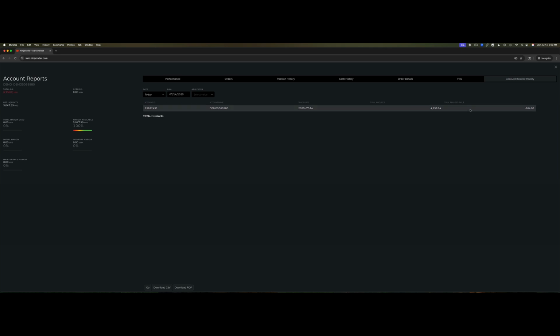Oh, that was from before. Well, you can kind of see it because before I started trading today, it was 264 from me messing around last night in the demo account, and now it's 215. So you can see that.